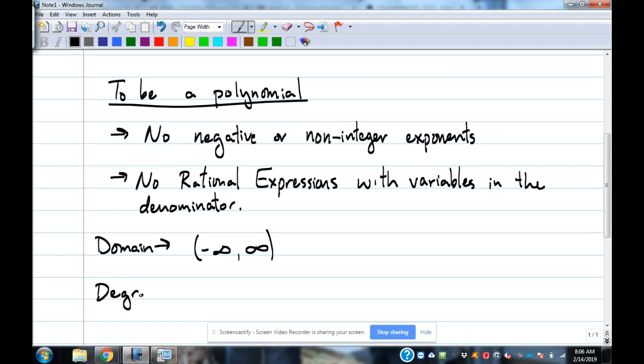So the degree of a polynomial is its highest exponent in standard form.